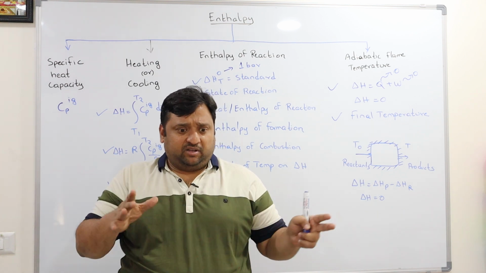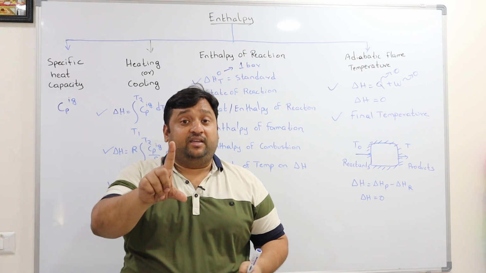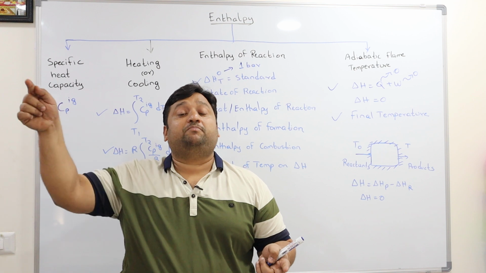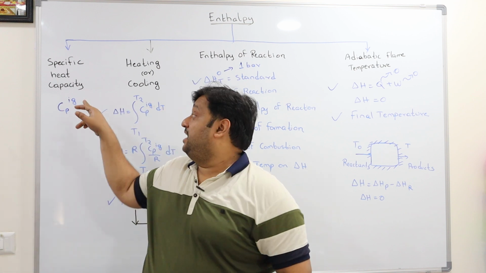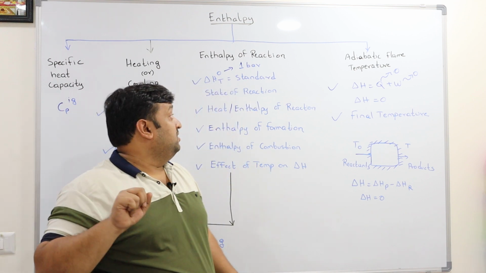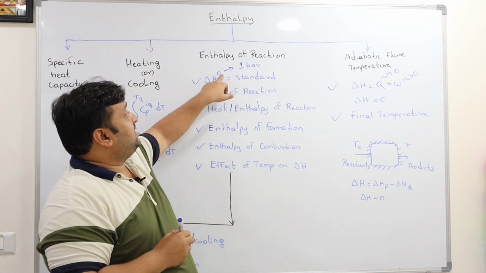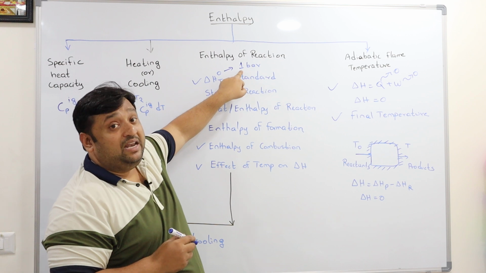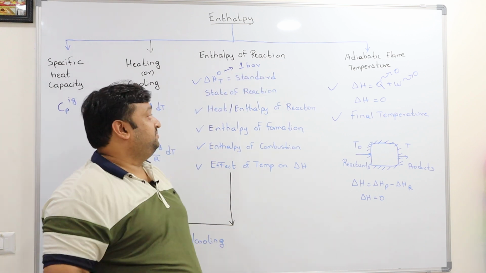So it doesn't matter what pressure you are dealing with. The important thing is, in a system where the reaction is happening, temperature is more important than pressure for ideal gas situations. That is why the standard enthalpy, with this degree symbol, always means you are evaluating at 1 bar pressure.